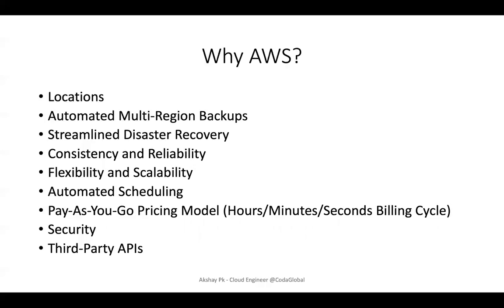When it comes to flexibility and scalability, Amazon Web Services provides you with manual scaling, automated scaling, and schedule-based scaling, and you can increase or decrease your capacity at any point of time. You can choose from a wide variety of scaling choices. And you can go with the pay-as-you-go pricing model, which is hourly or minute based, and they also have second-based billing for some of the Linux instances and millisecond-based billing for Lambda functions.